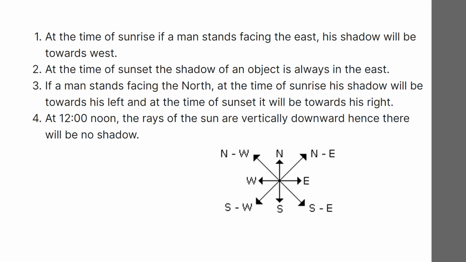At 12 noon, the rays of the sun are vertically downward, hence there will be no shadow. Yes, so these are the main points which you have to keep in your mind before solving any of the problems. Now, as we know, sun rises in the east, sun sets in the west, and in the same way, in the opposite direction, the shadow will be flowing.